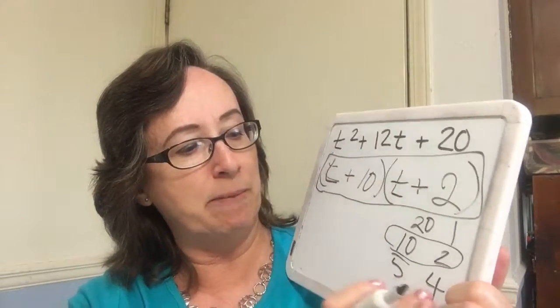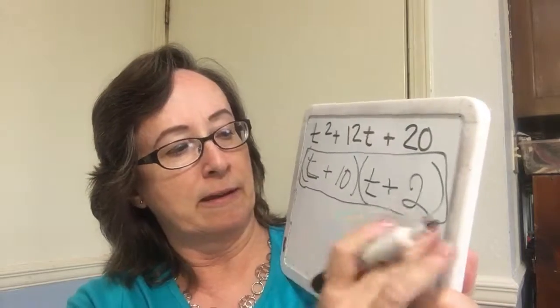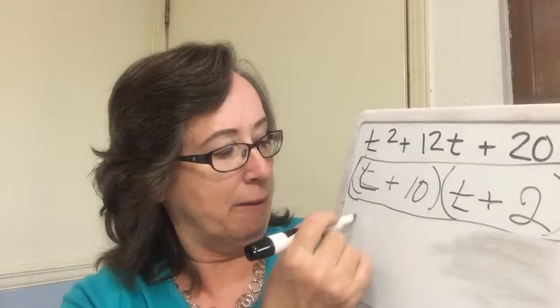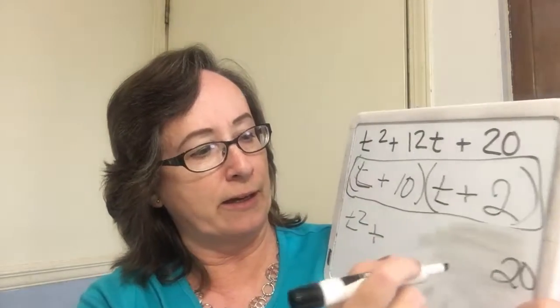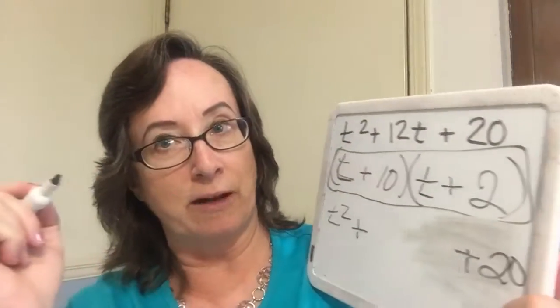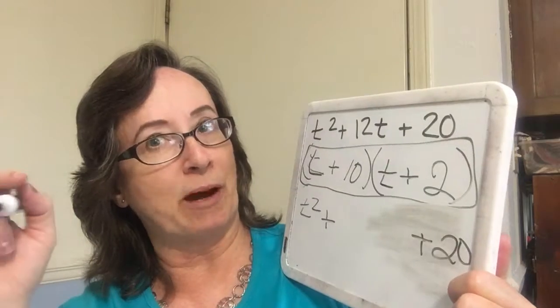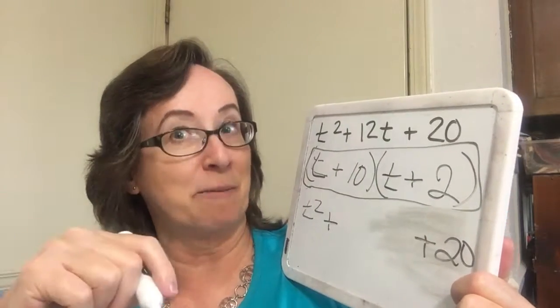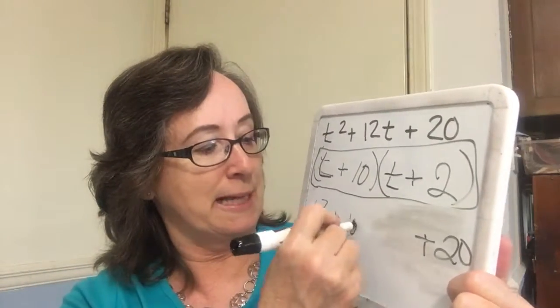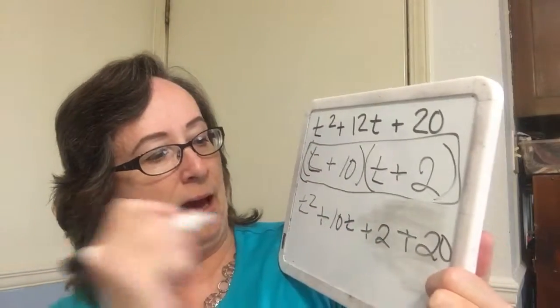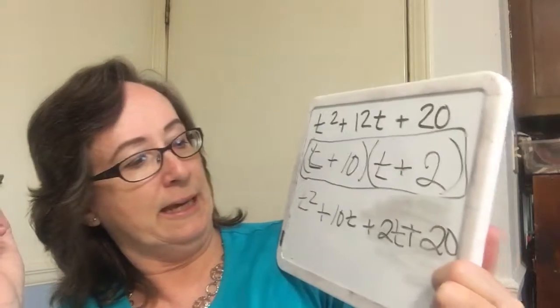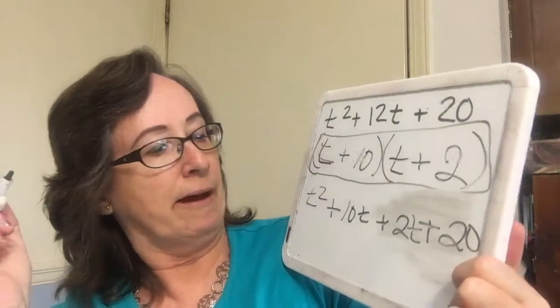If I were going to do the same thing with the AC method, I would take t squared plus, and then I've got the 20 over here. I've got to split the 12t. It's got to have a product of 20, but a sum of 12t, which is going to be 10t and 2t. Okay, this will work.